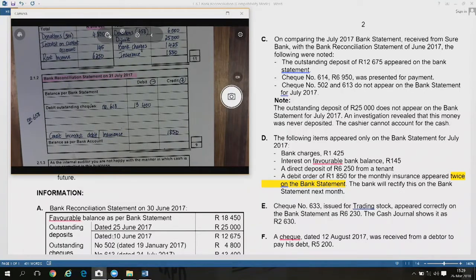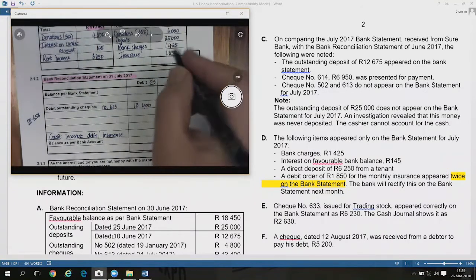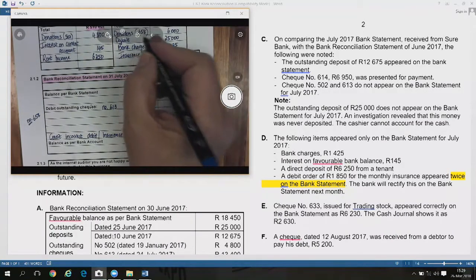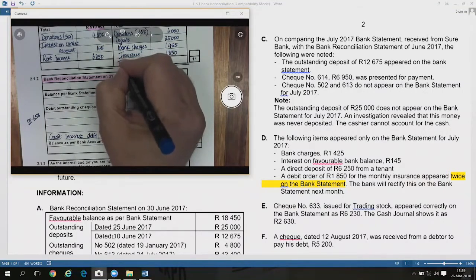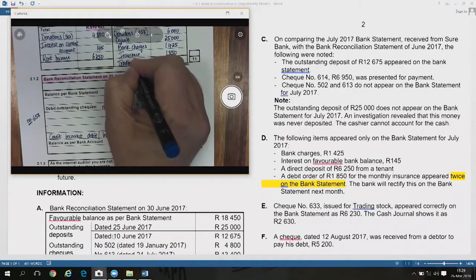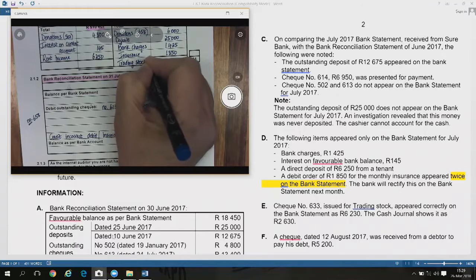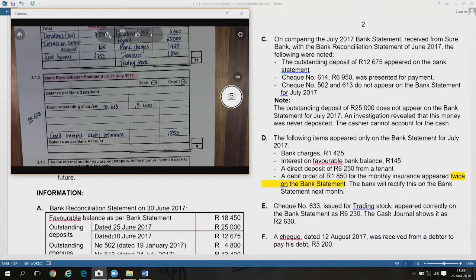Check number 633, issued for trading stock, appeared correctly on the bank statement. The cash journal was too little. Sorry, I haven't got enough space there. I'm going to write the trading stock. And then we must do a calculation to see what is the difference.